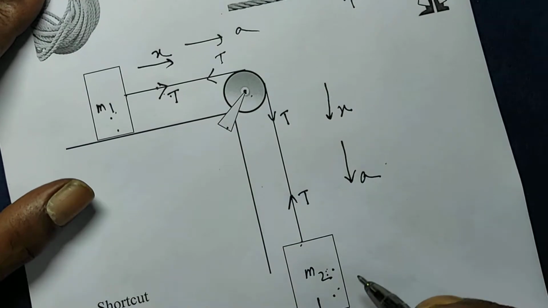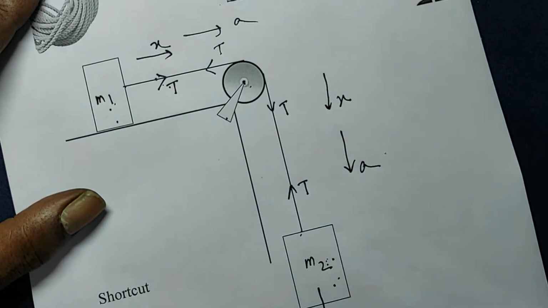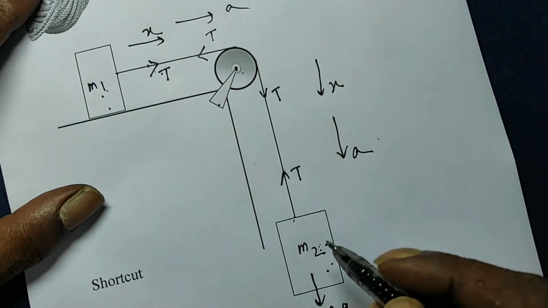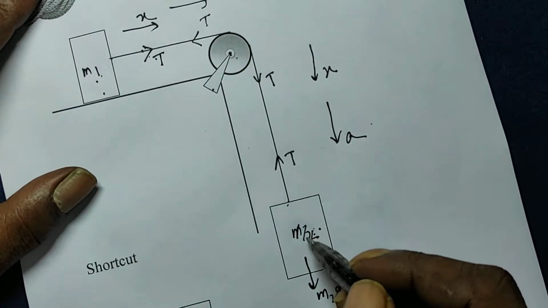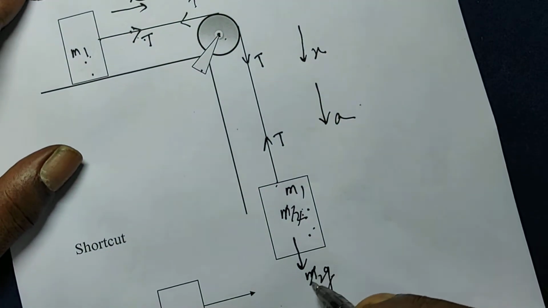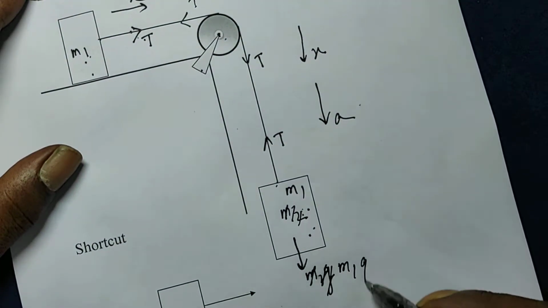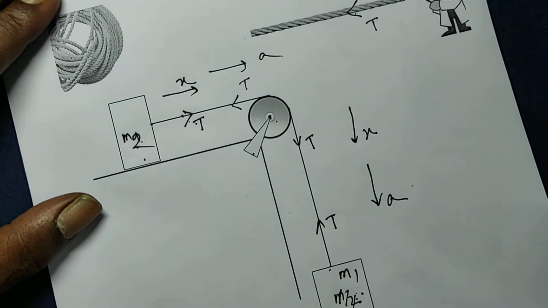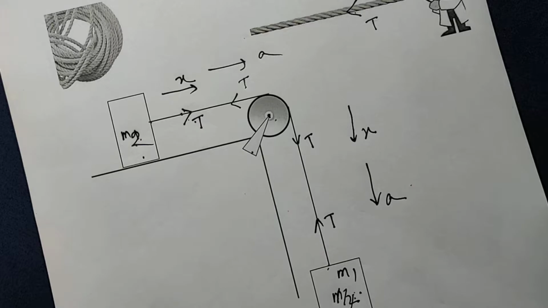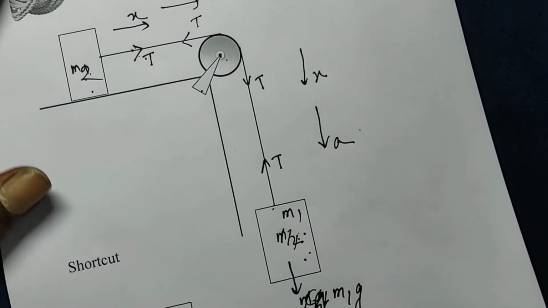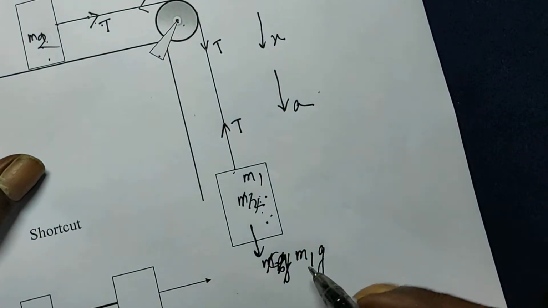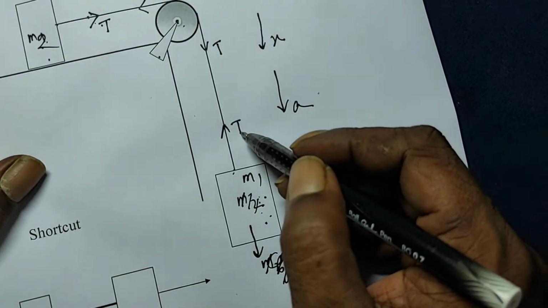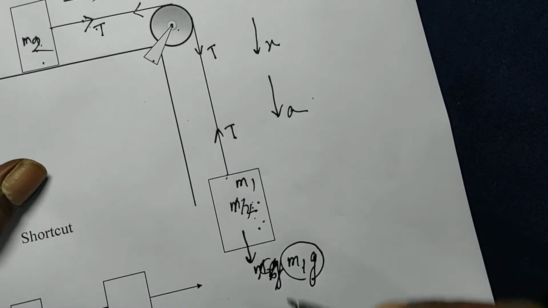Now let me take, okay, I have already taken this as M2. Normally I take the mass on the right as M1, so let me take it as M1, sorry, let me take it as M1. So this is M1g. Let me take this as M2, right? So that's all. And now if you look at M1, that is being pulled down due to its weight M1g, and the tension is trying to oppose that motion.